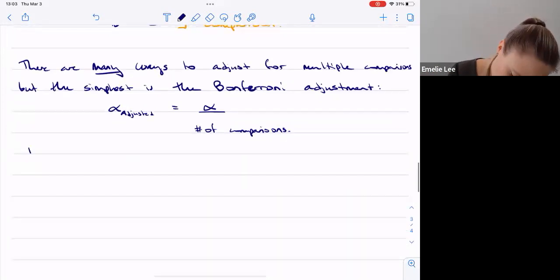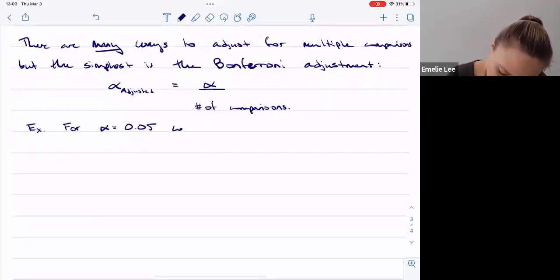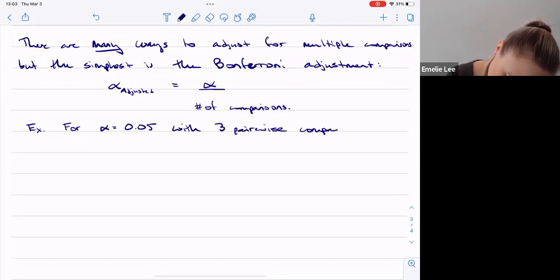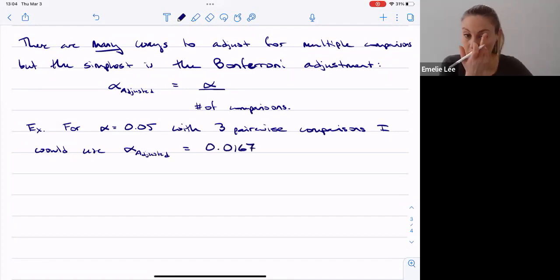So for example, for alpha equal to 0.05 with 3 pairwise comparisons, I would use an adjusted alpha of 0.0167, let's say.